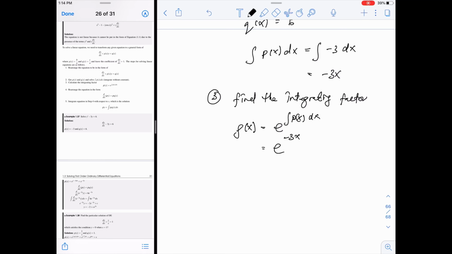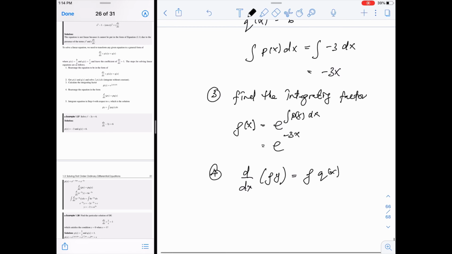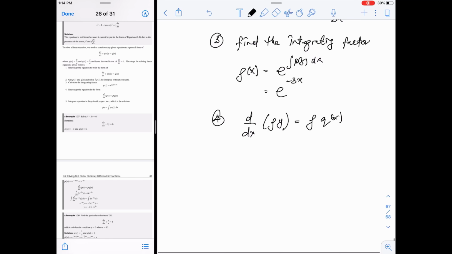The step number 4 is you need to rearrange d/dx of rho times y equal to rho times Q(x).